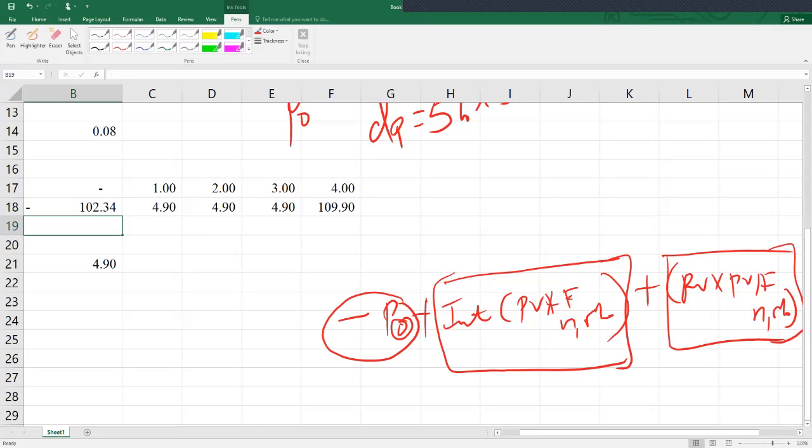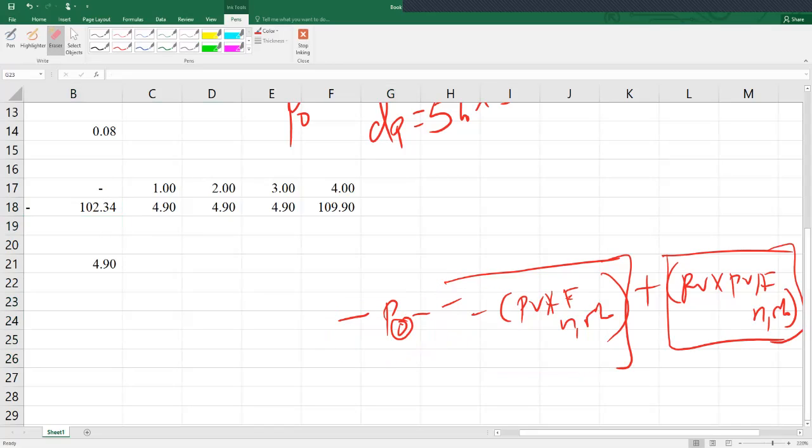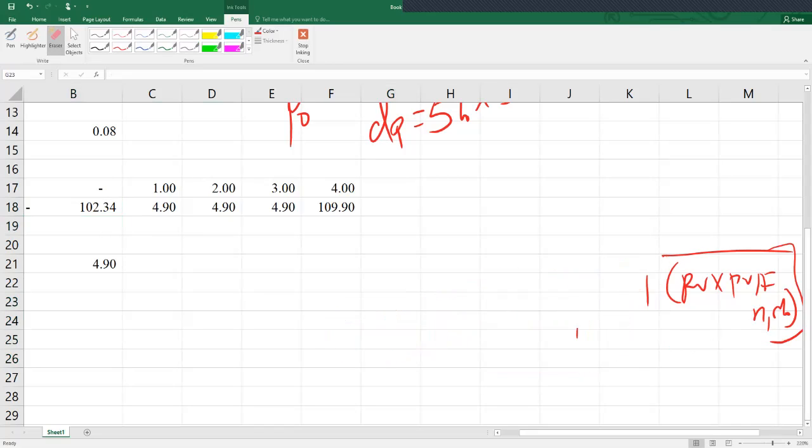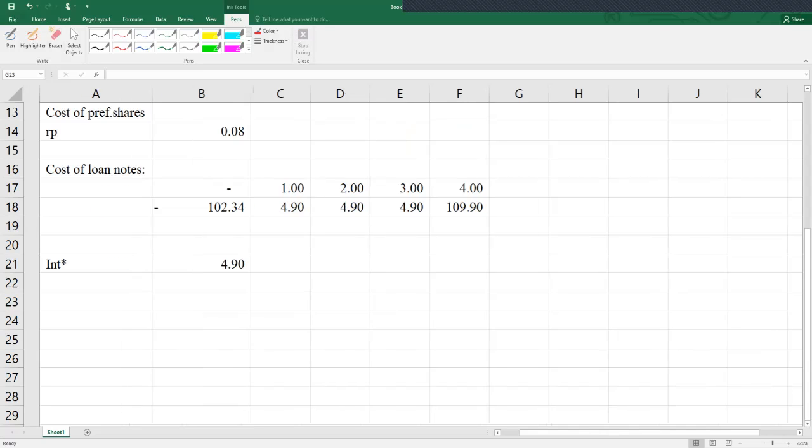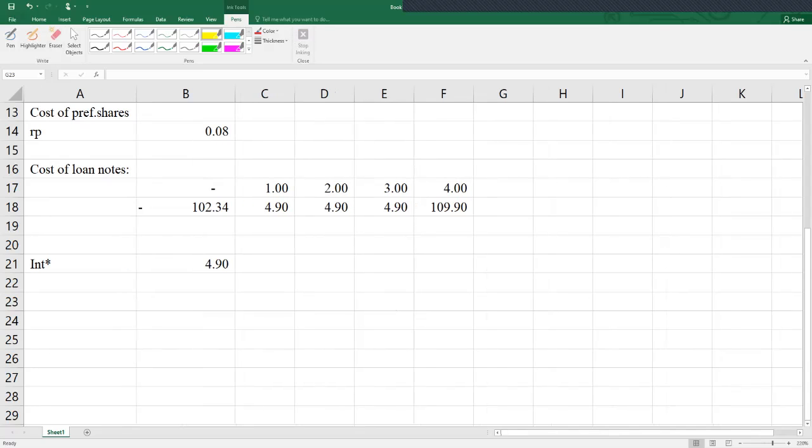That's the market value of the current bond. I'm just picking whatever you have here from year 1 to year 4 from our formula. From year 0 to year 4, we want to get the cost of the bond.